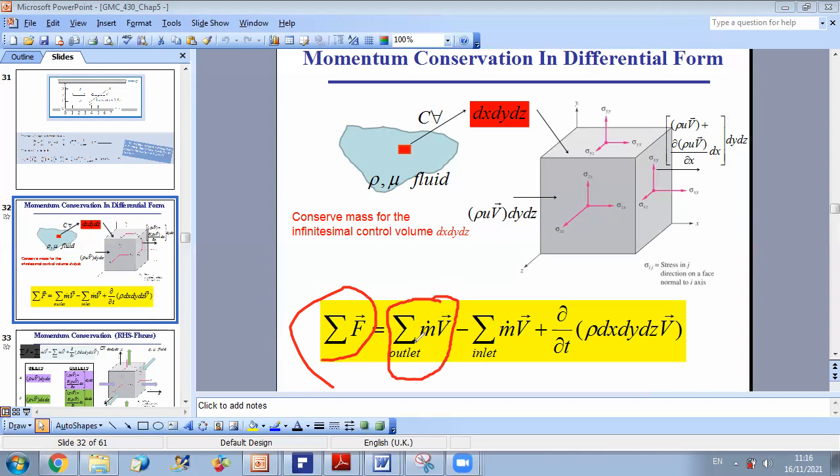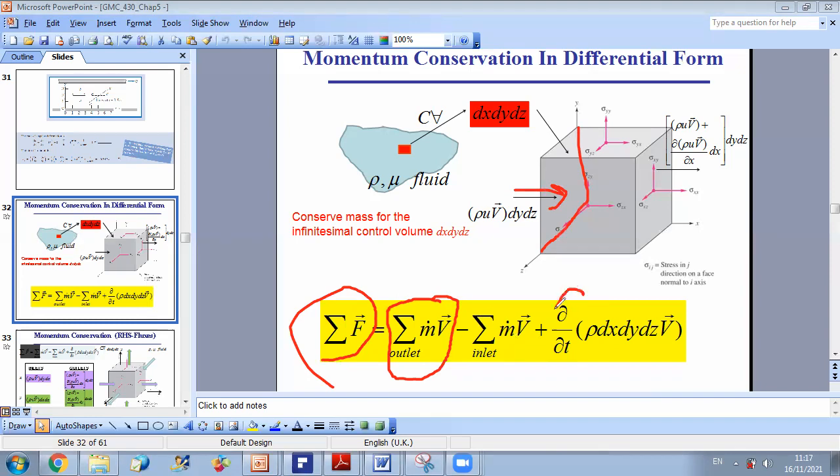And here we didn't perform any integration because you are taking a very small element, so along a certain phase the velocity is not changing, so you can consider that v is the same over the phase. So for outlets you have sum of m dot v at outlet, and as usual for inlet you have the negative sign, so minus sum at inlet m dot v.